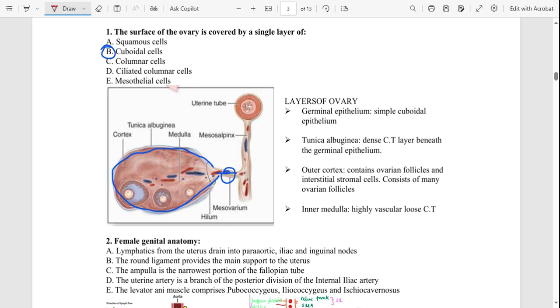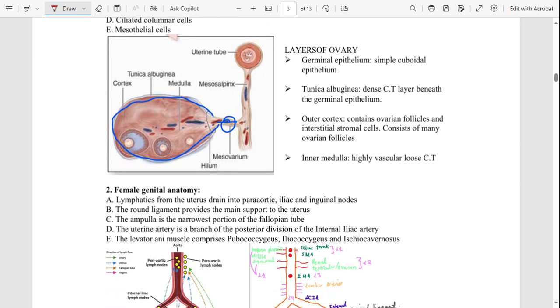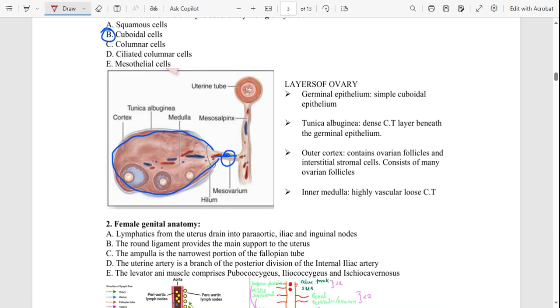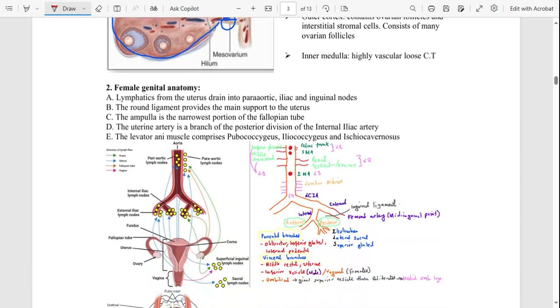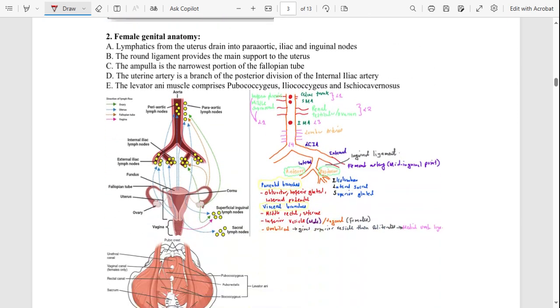I think that is important, especially for the cervix where the transition is happening, because that's where cervical cancer starts from. So for this question, the female genitals, we want the true statement.